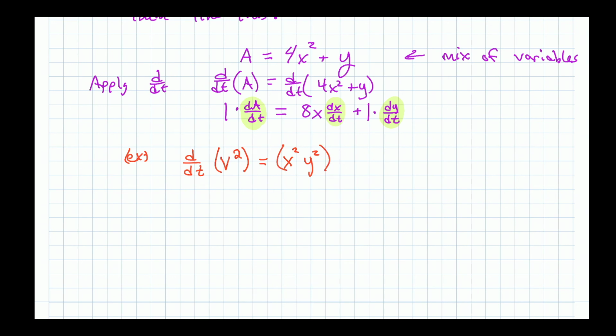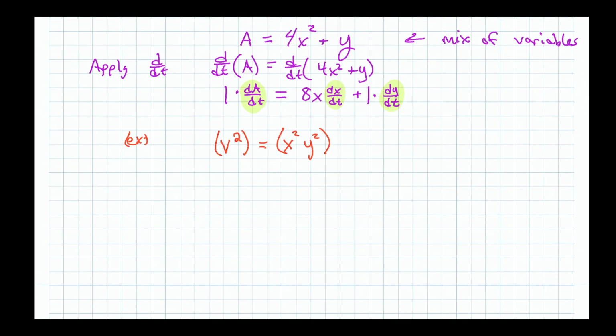So let's say we have that, and I take the derivative. So I apply the derivative to both sides. So d dt v squared equals d dt x squared y squared.